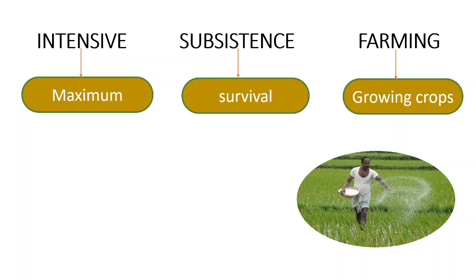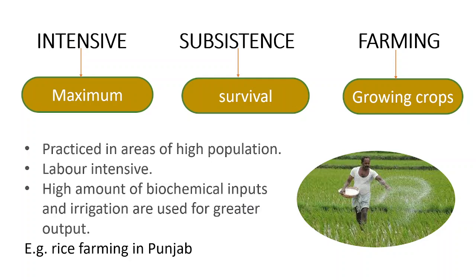Now let's understand what intensive subsistence farming is through its various characteristics. Intensive subsistence farming is a type of farming that is practiced in areas of high population because more number of people have to be fed based on this type of farming. It is a labor intensive type of farming.